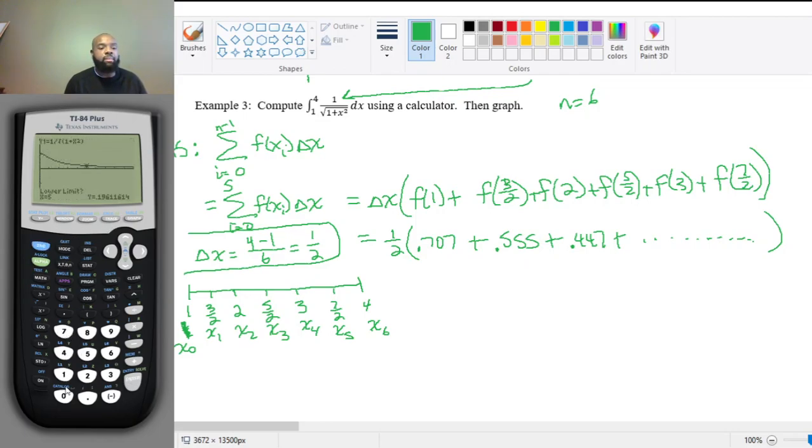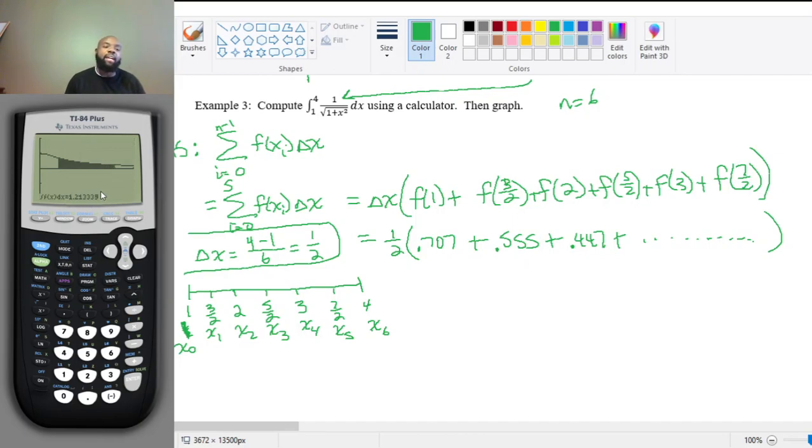Option 7, I'm going to do my 1 as my lower limit, 4 as my upper limit, and see it calculate everything for me. Did I not go to 5? No, I went to 10. That's why it's doing that. All right. One more time. 1, 4, press enter. There it is.